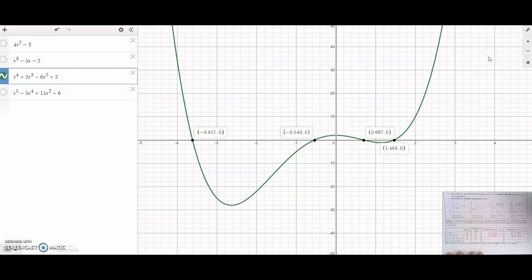So as x approaches infinity, y approaches infinity. As x becomes greater in the negative direction, our function increases. So as x approaches negative infinity, y approaches positive infinity.